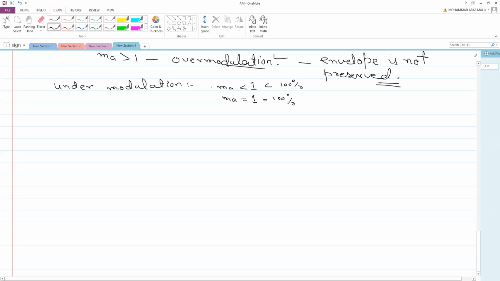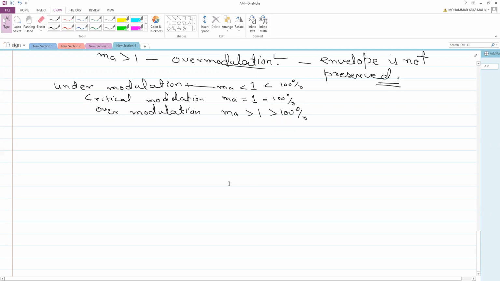This is called undermodulation, and this is called critical modulation. And in case of overmodulation, the value of MA should always be greater than 1, or you can say greater than 100%.